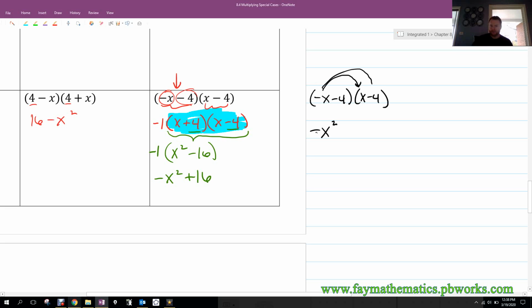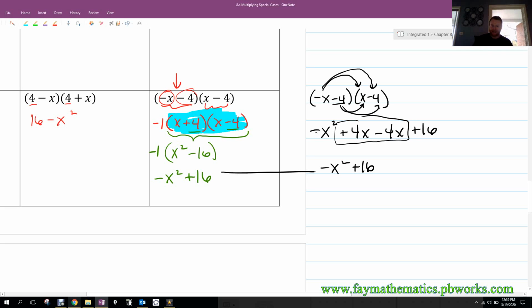They take negative x times negative 4, and it gives you positive 4x. Then negative 4 times x gives you negative 4x. Then last times last gives you positive 16. You recognize there that those become opposites, and you're left with negative x squared plus 16, which is exactly what we got over here using the conjugate approach.